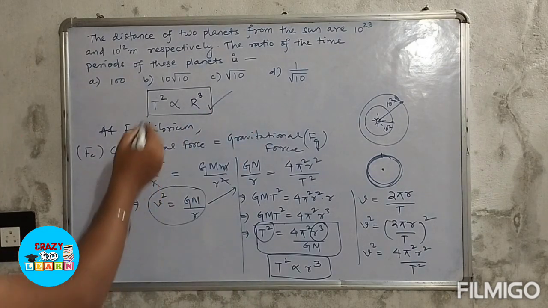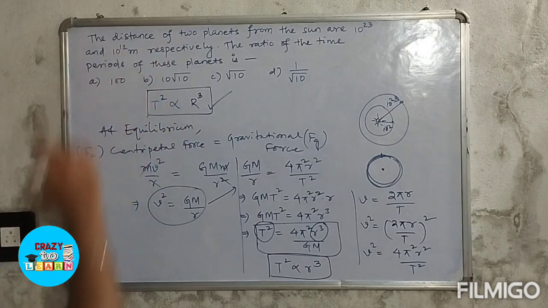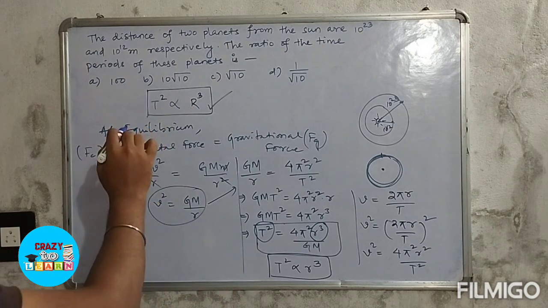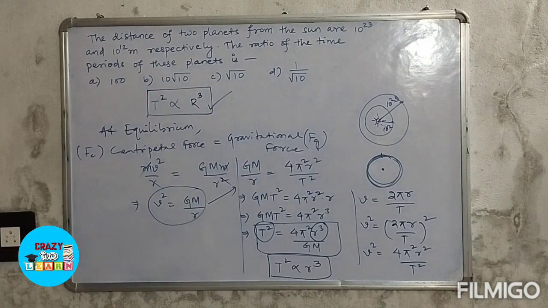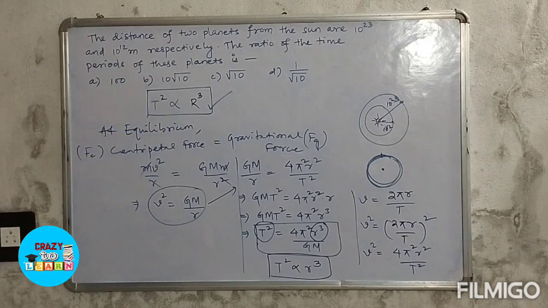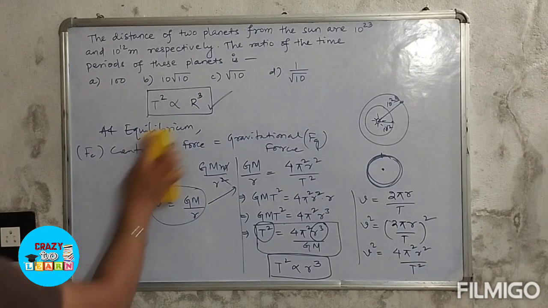Using this formula, we will proceed to solve this problem. Remember this relation for different problems: the square of the time period is directly proportional to the cube of the radius of the orbit. Now we will go for our question.